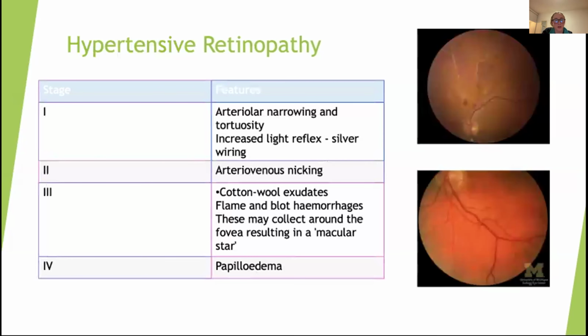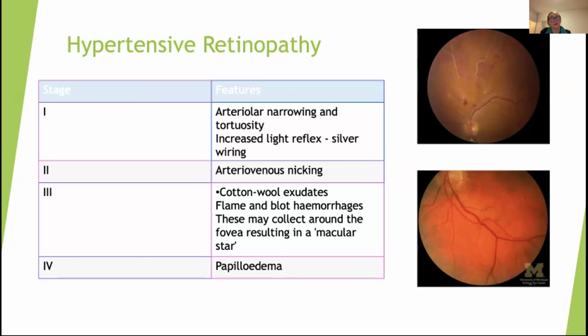Okay, I'm not going to go through this in loads of detail, but another complication of systemic disease is hypertensive retinopathy. Depending on the features, you can stage hypertensive retinopathy.